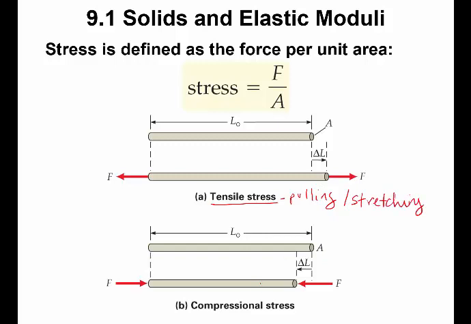But then we can also have our forces inward, and so this is a compression stress. We can think about this in terms of springs, where we either stretch a spring or we compress a spring, and then we talked about the results of that and spring constants, etc. So our key equation when we talk about stress is the force per unit area.